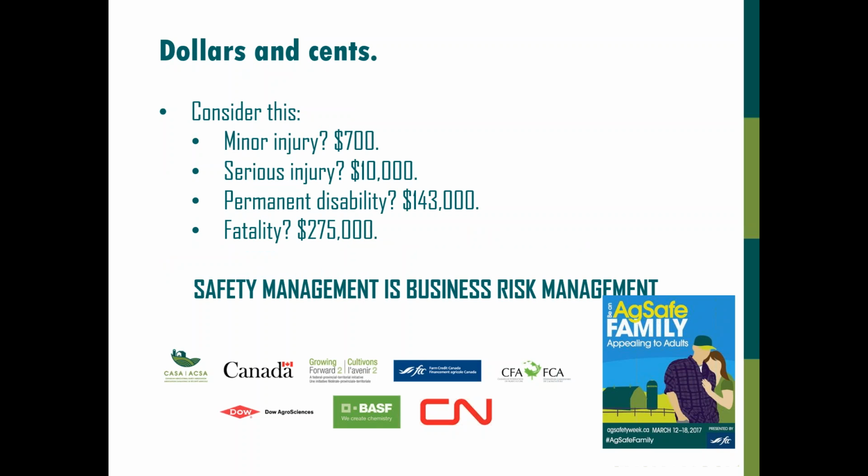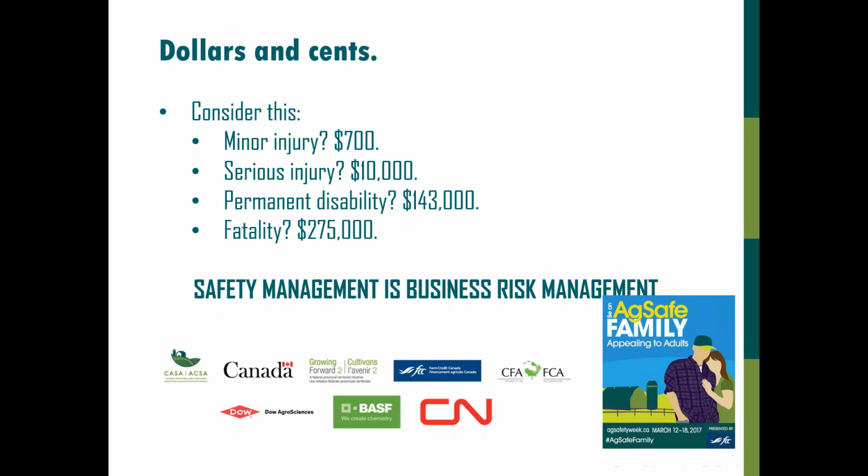Incidents in our workplace can cost us significant money. They don't cost us money in terms of just us receiving a bill, but rather they impact the economy of our farms. A minor injury may result in economic impact to our farming operation of up to about $700.